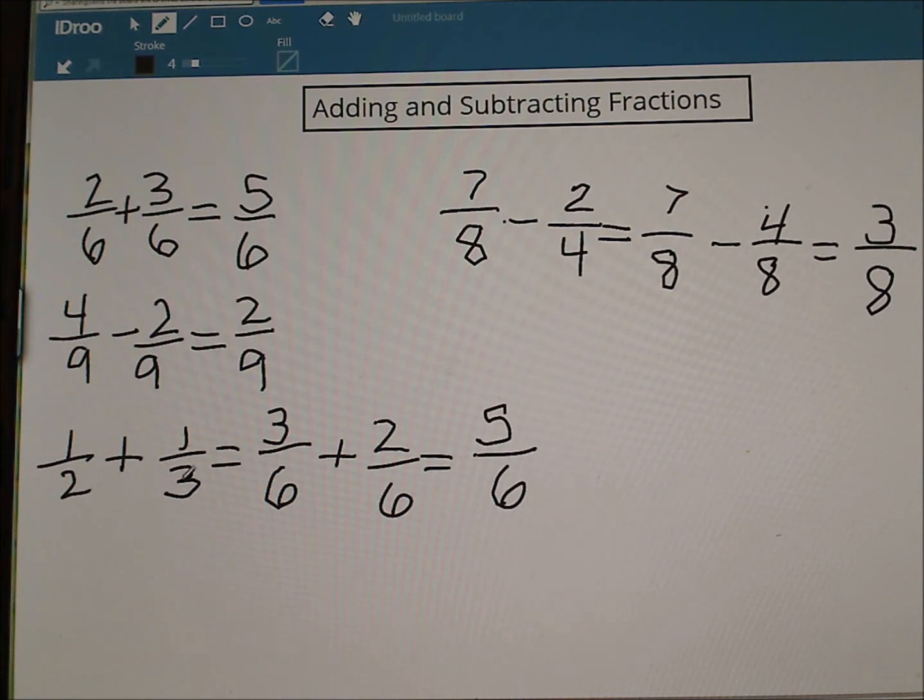If you have different denominators, you must find the least common denominator by finding the least common multiple. Once you've found that least common multiple, you must change your fractions. And then once the new denominators have been created and they're both the same, you can proceed again with your addition and your subtraction. So that is how you can go about adding and subtracting your fractions.